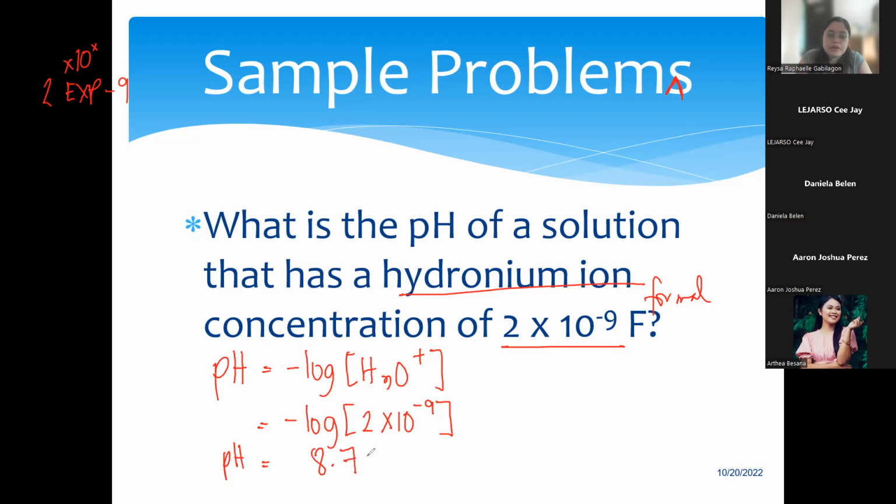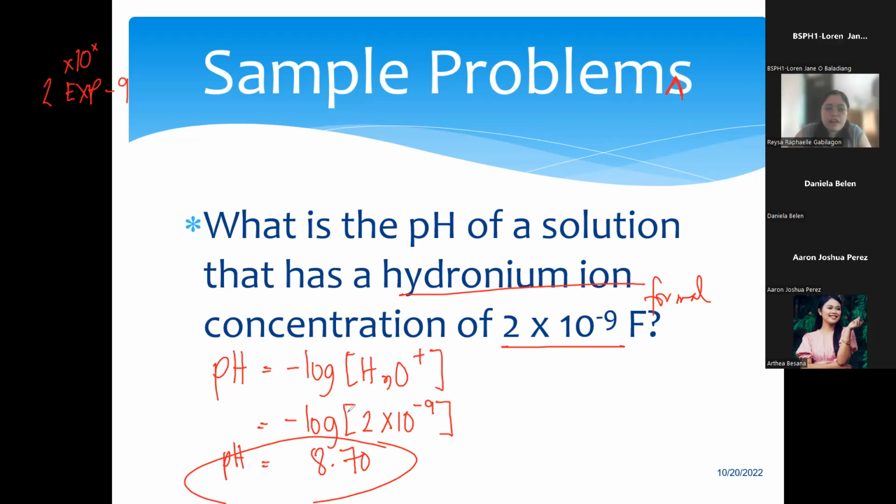It's 8.70. Okay? So this is not really a difficult calculation compared to the other calculations that you have. Again, yung pag-compute ng pH is actually easy. Okay? So again, that's negative log. Input nyo yung negative log. Tapos 2 × 10 raised to the power of -9.